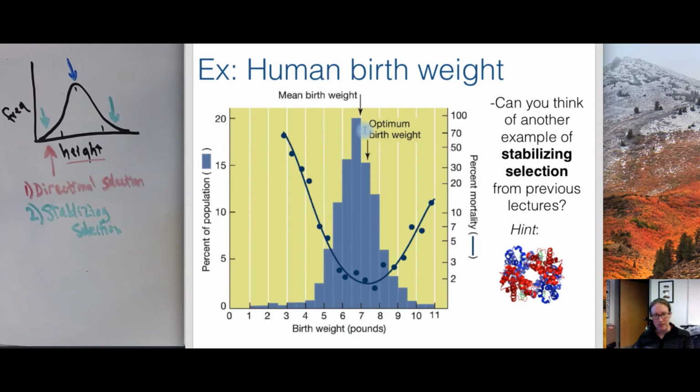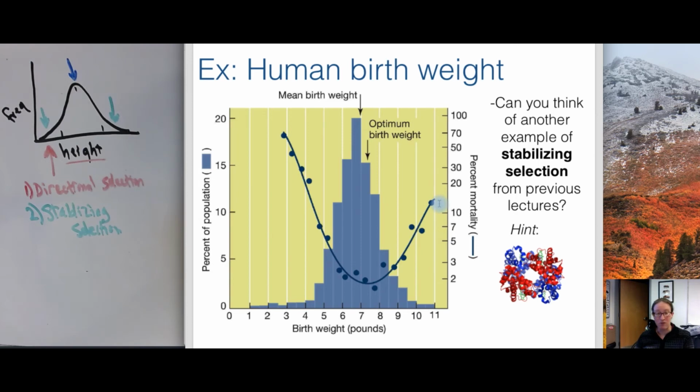And a really interesting thing happens when we plot this against mortality rates for babies born at different birth weights. So notice that babies with very, very low birth weight have a very high percent mortality. And actually the same is also true for babies that have a very high birth weight.